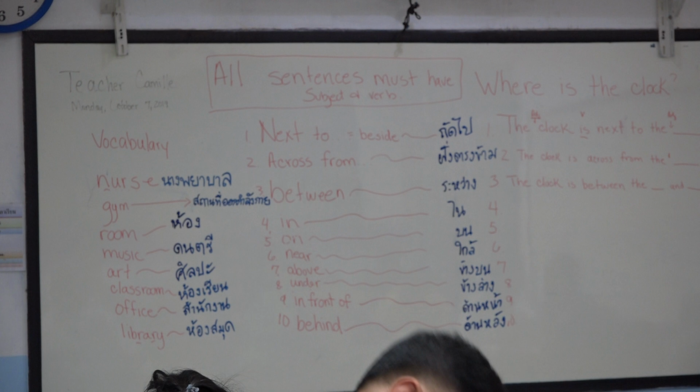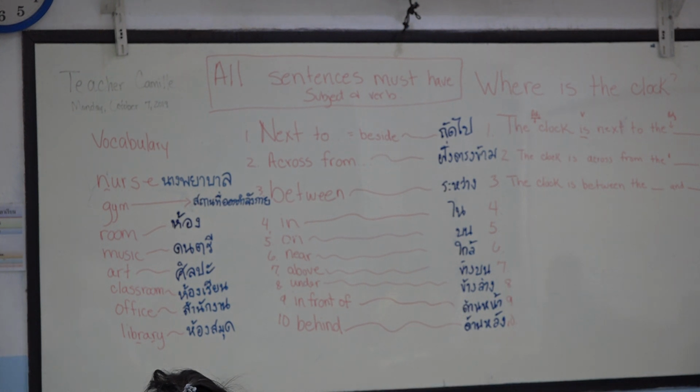How about in front of? The clock is in front of what? In front of the board, wall? The wall. No. You know why? Because the clock is on the wall. If the clock was not on the wall, you could say that. But because the clock is on the wall, you can't say that.